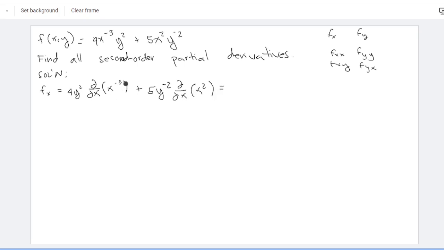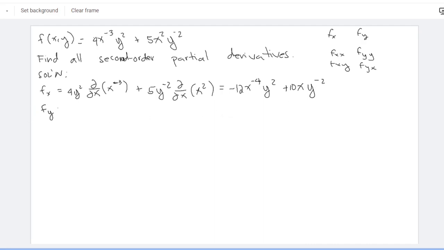This becomes negative 12, and x to the power negative 3 minus 1, that's negative 4, so x to the negative 4, y squared. And then for x squared, times 2, so plus 10x y to the negative 2.